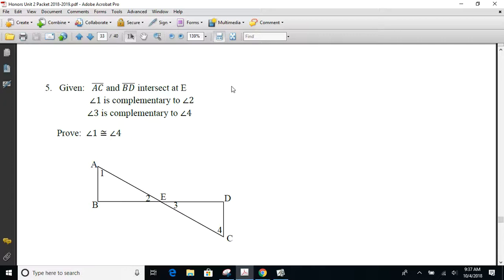But look at my diagram. What do you know about 2 and 3? Why? You're right. 2 and 3, what type of angles are they? They're congruent because they are? Oh, what type? Come on. Intersecting vertical angles. So 2 and 3 are congruent.